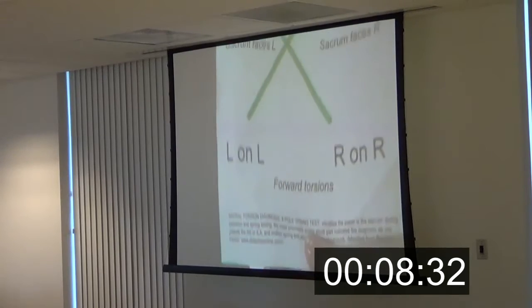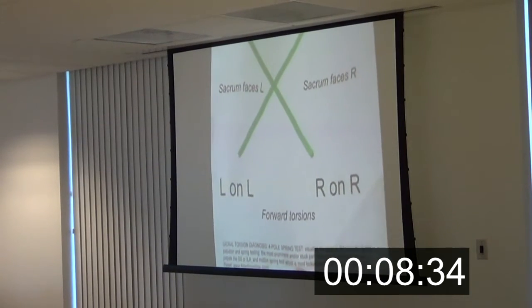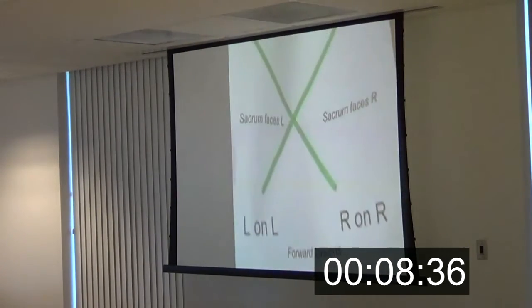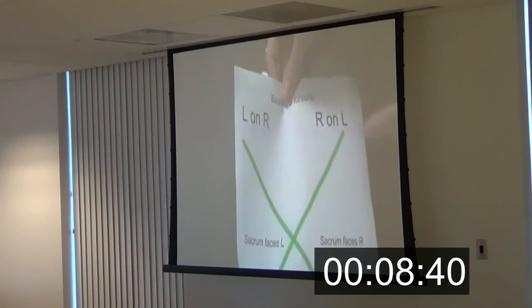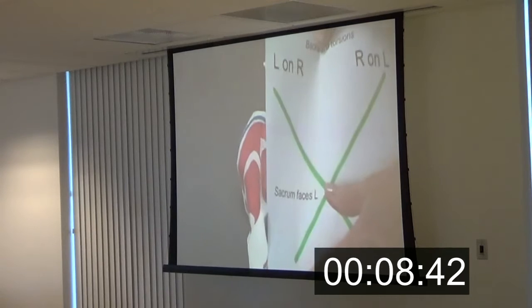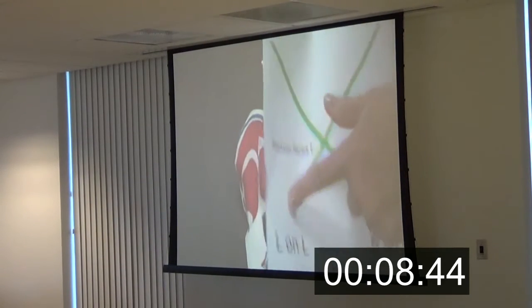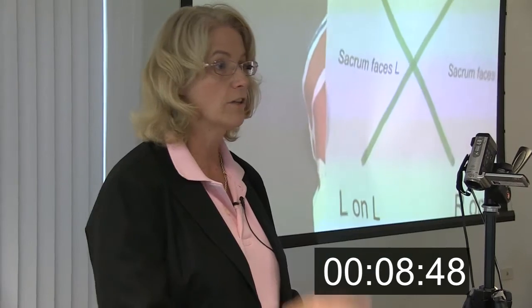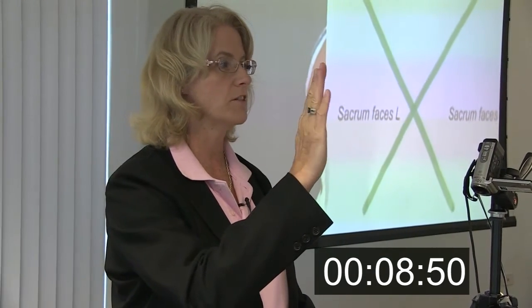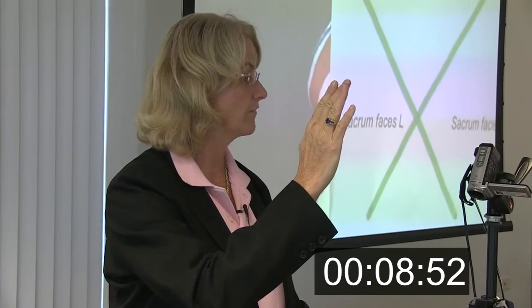So if the sacrum turns to the left, if you follow on your sheet the two things that say left, left on right, and left on left, okay, those are your left-facing sacrums. You could think of it as, if I imagine the sacrum rotated to the left or turned left, we would call it a left on a right axis or a left on a left axis.